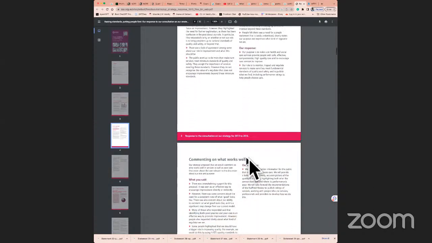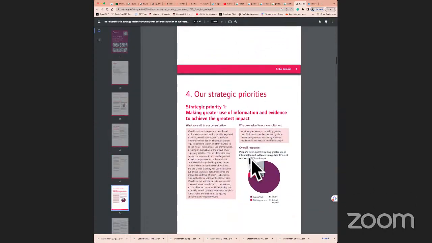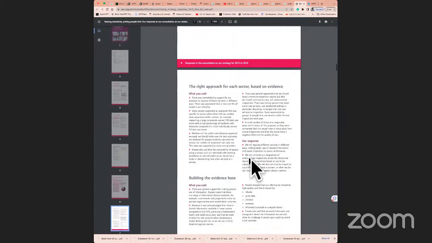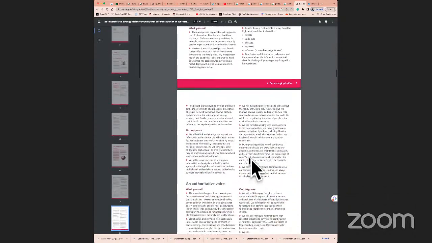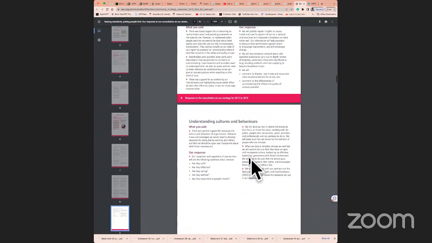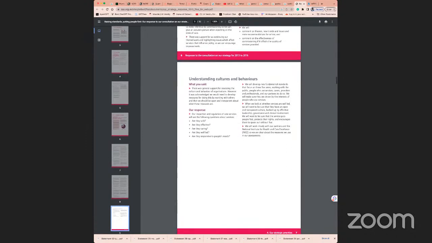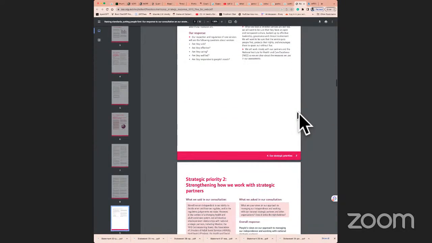This is a slightly bigger document for you to read, but it gives you the sense of how the person-centered approach was incorporated into the NHS, and why putting people first and personalization came. These are a series of steps which led to the PC approach being incorporated into the NHS.